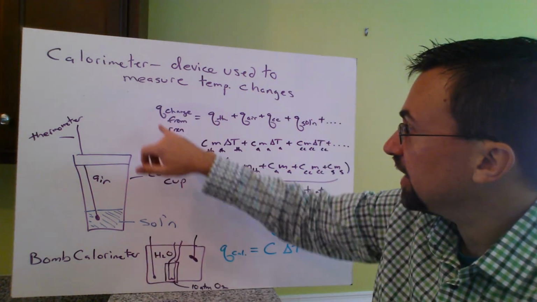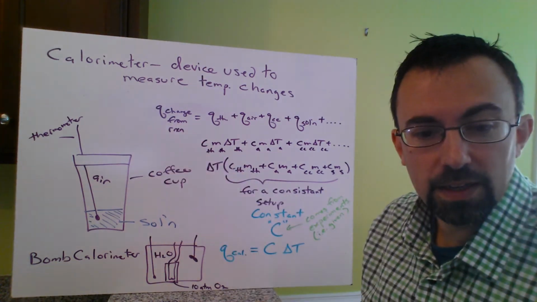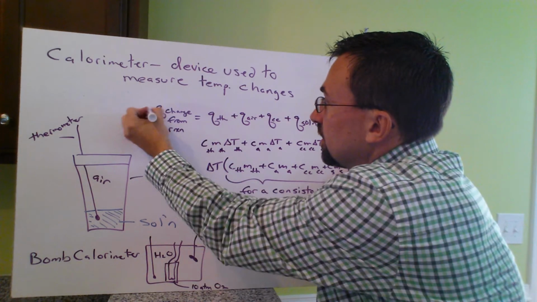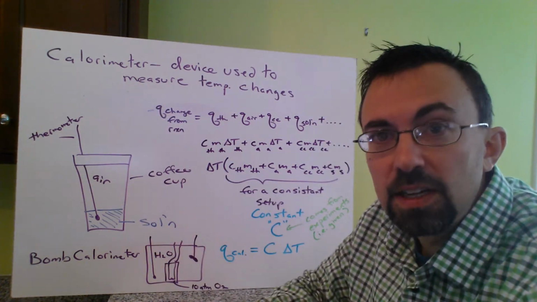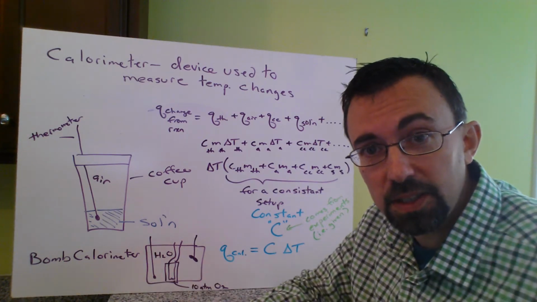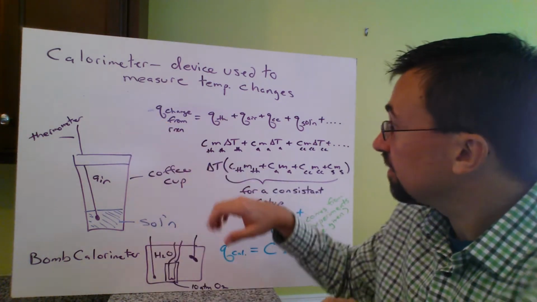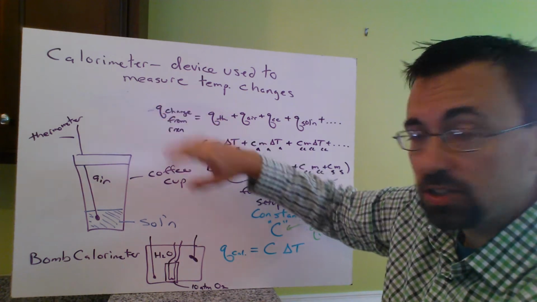So let's look at this more specifically. If we want to look at that change from the chemical reaction, and some of you at home are probably wincing, so let me put the negative sign in there, that the flow of energy has to be equal and opposite, so that's a negative sign. But that energy change is really what?